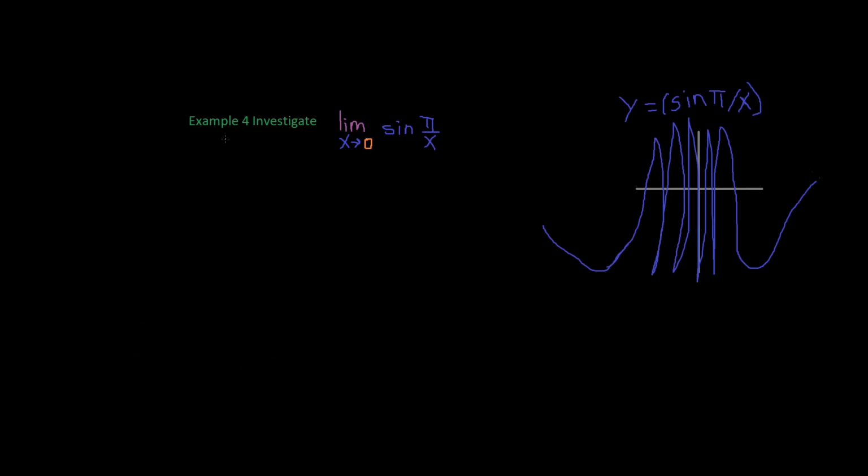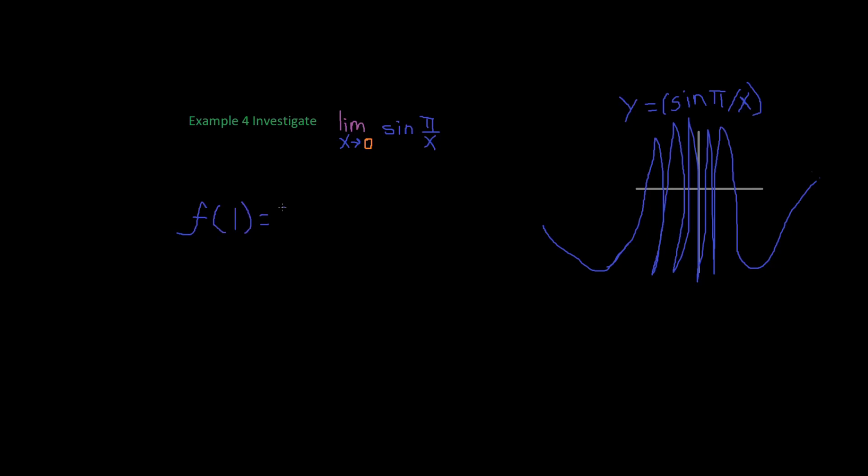Alright, example 4, investigate. So we have the limit of the function f of x equals sine pi divided by x as x approaches 0. Alright, so this is going to be an interesting problem. So we plug in numbers into our given function. I'm just going to give you some of the numbers. So let's say you plug in 1 into this.